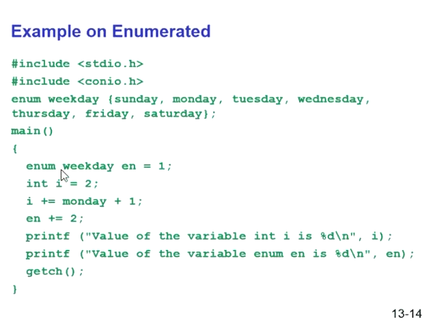Over here, in weekday, we have values from 0, 1, 2 to 6. We declare variable n and initialize it with 1. Over here 1 plus 1, you have 2. Now 2 plus 2, we assign 4 to i, and we can print it out.